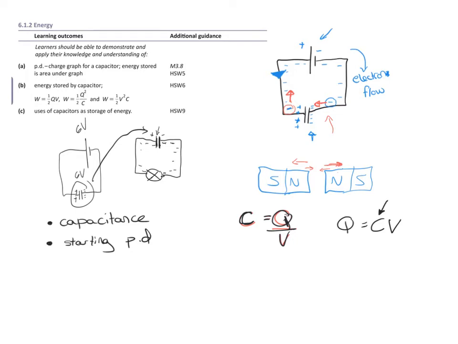So if I consider also the equation of a straight line, y is equal to mx plus c, and I plot a graph of, for example, V against Q, so potential difference against charge.